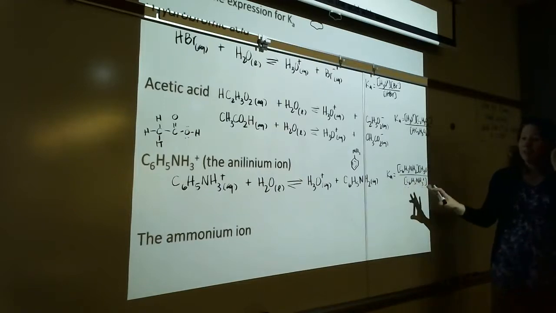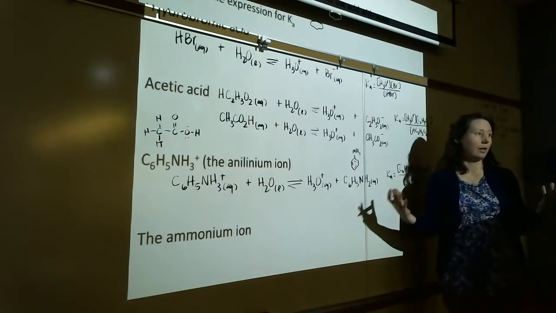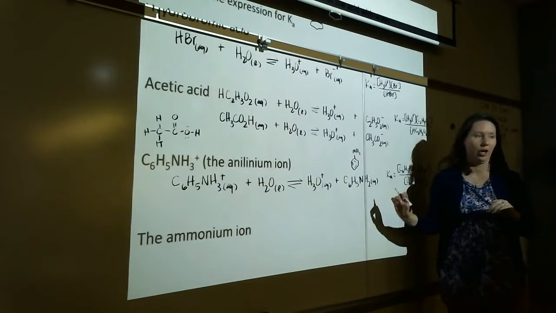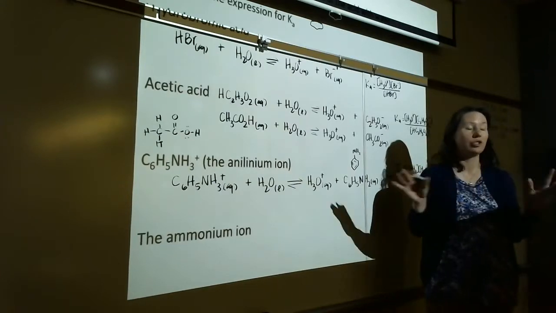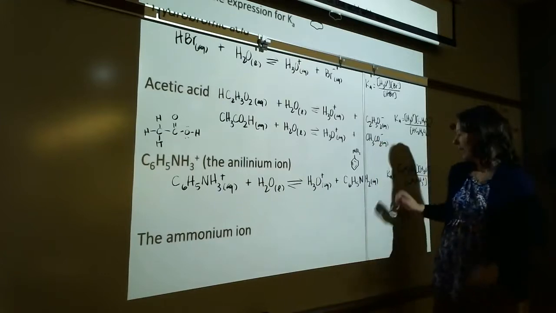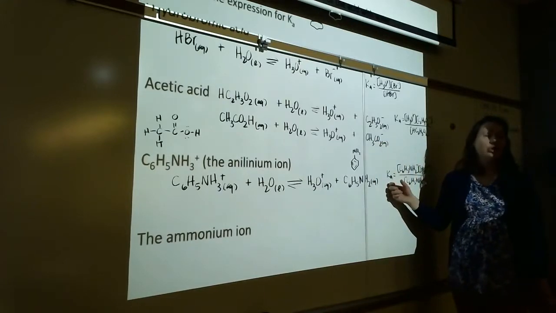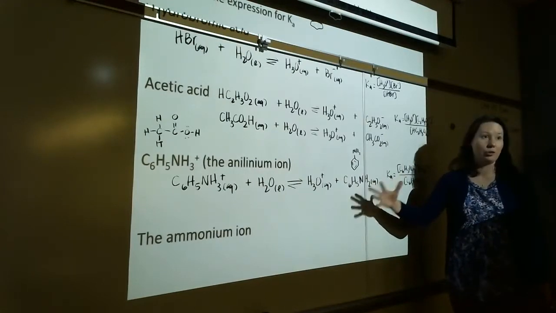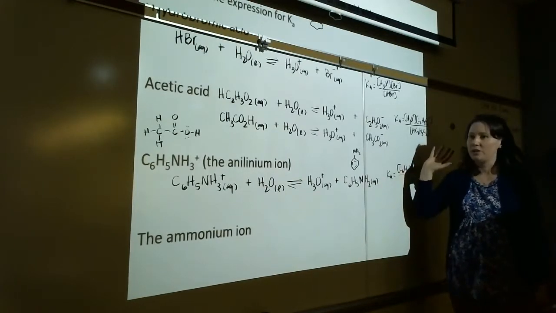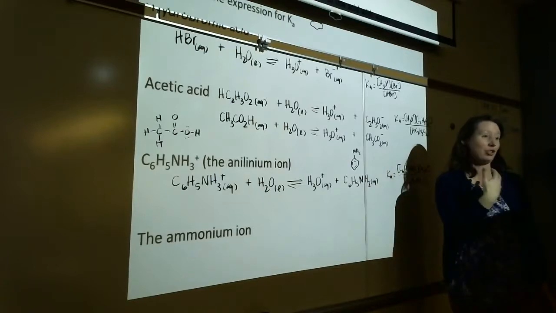If you understand this concept and the calculations that we're going to be doing with this, you're going to thank yourself so much when you get to organic. It's just going to make life so much easier because Kas have such a humongous role to play in organic chem. All the equilibrium that we're going to do with acids and bases is going to come screaming back at you in organic 1.